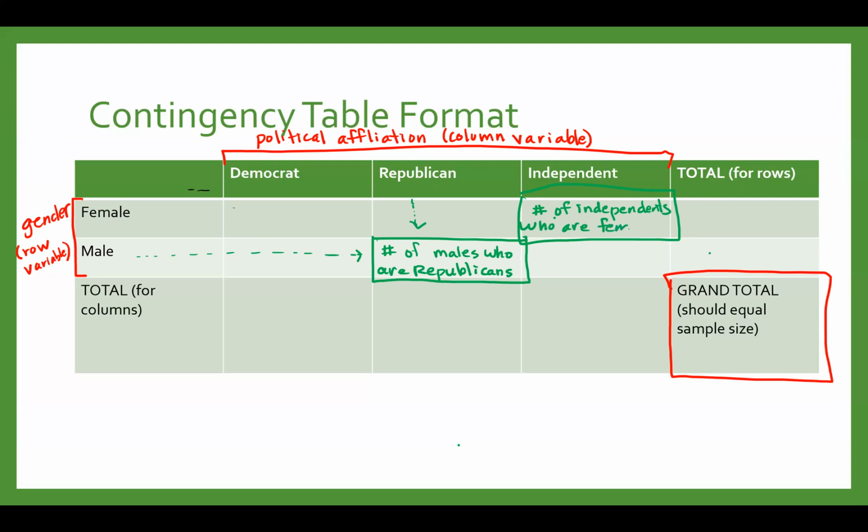Again, the order of the words, I could say the number of females who are independents. The order of the words doesn't necessarily matter. But you need to realize that where the two intersect, you have both characteristics. Questions? Because we're going to use the contingency table here in just a minute.